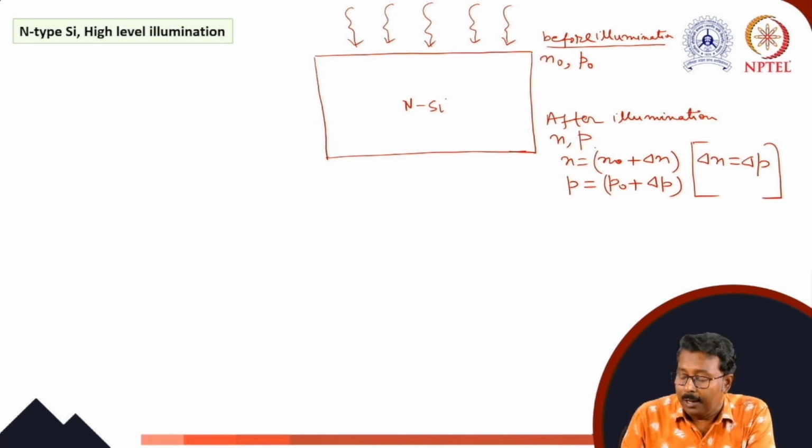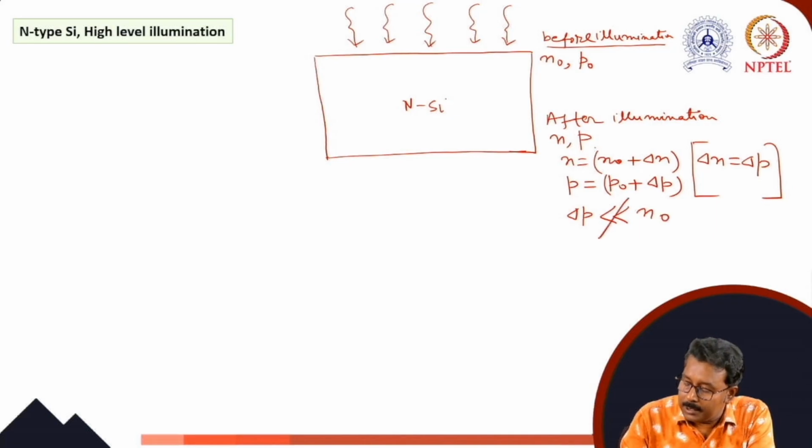But unlike the low level illumination, you cannot say here that the excess minority carrier delta P is much less than N0, that you cannot say. That is, delta P much less than N0 is not valid for high level illumination.